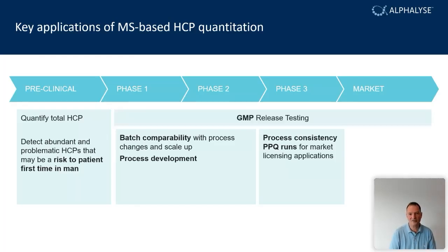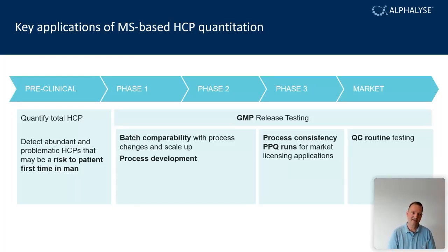The method can also be validated, and we can do GMP release testing on clinical batches throughout the clinical phases, and we can also do it for QC routine testing for products on the market.